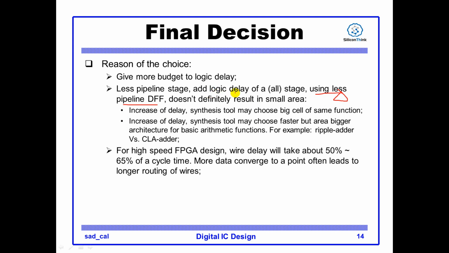As you have increased the logic delay of a stage, the synthesizer tool may choose big cells for the same function, such as for the NAND function, the two-input NAND operation.